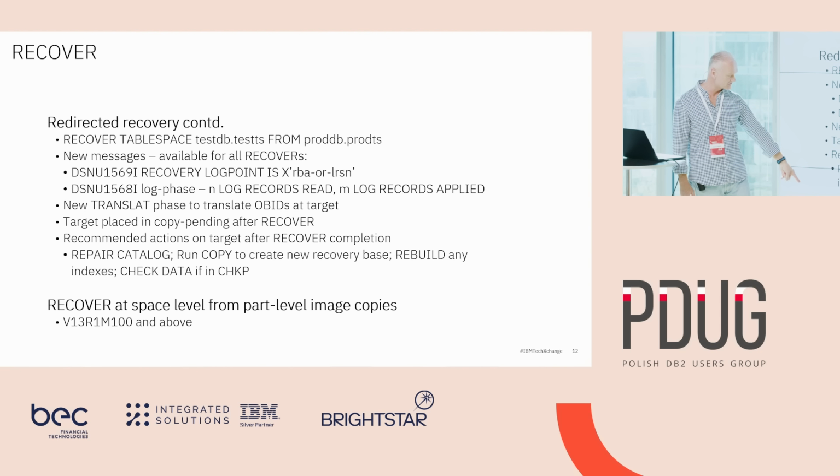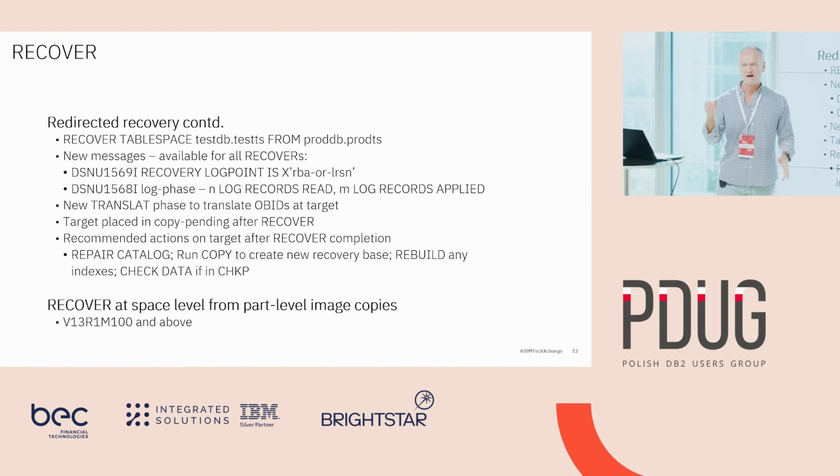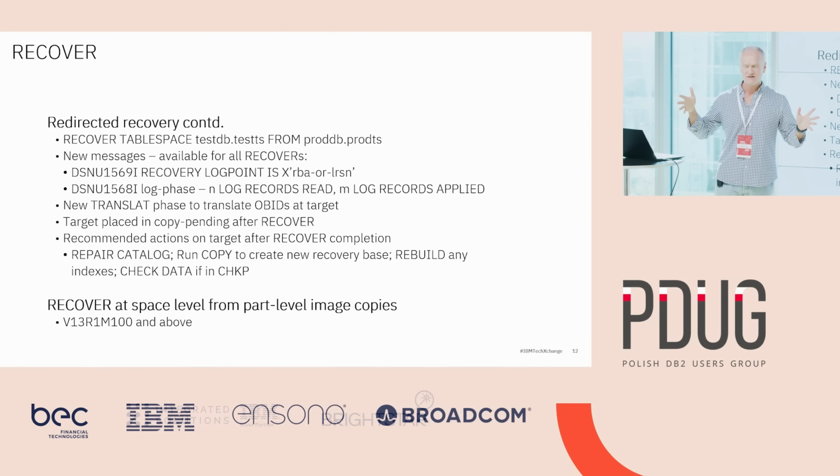And the last item here is table space level recovery from part level image copies will now work automatically in version 13 of Db2. In version 12 of Db2, if I want to recover a table space and I only have partition level image copies, it won't work because the recover of the table space required a table space level image copy data set.